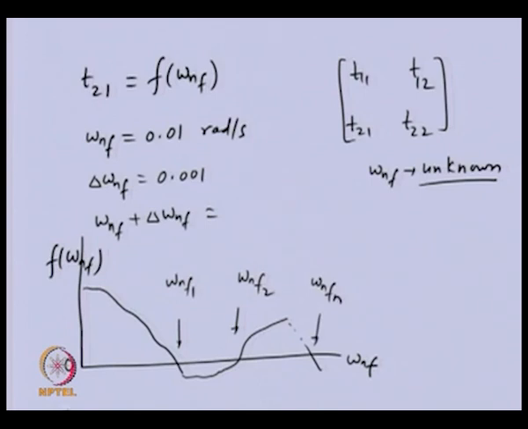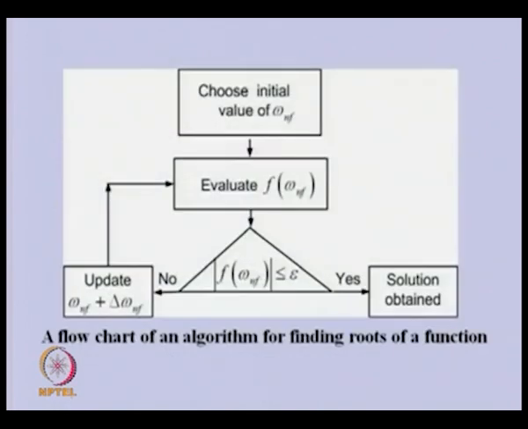This can be illustrated through this flow chart: we assume some initial value of the natural frequency and estimate the frequency equation value. Numerically it cannot be perfectly zero, so if it reaches a very small quantity, then that is a solution.